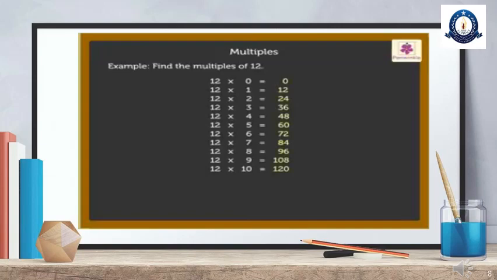So here the products obtained are nothing else but the multiples of 12.